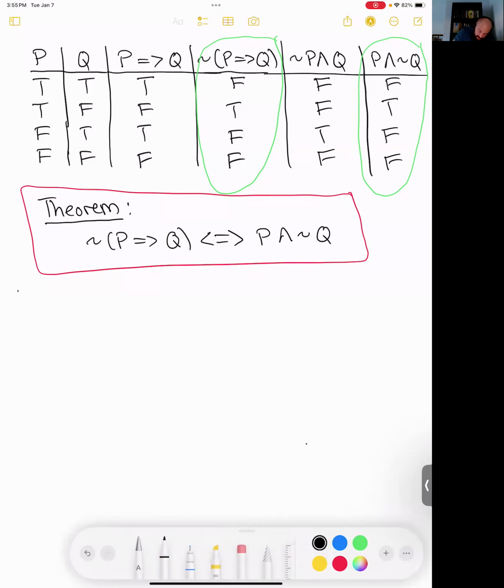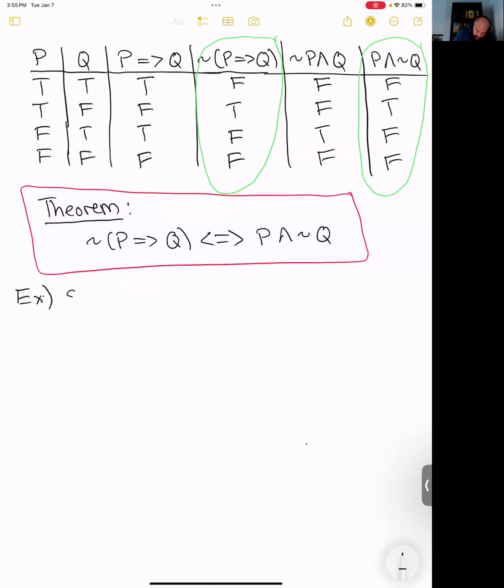Let's just do an example of how this plays out. So let's start with a statement in words. So S: for every natural number n, if 3 divides n, then 6 divides n.